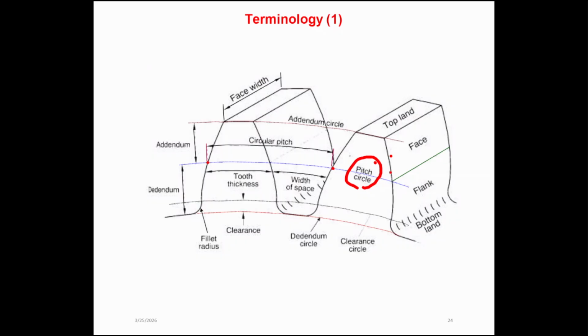Then the distance between the pitch circle and the bottom land, the bottom land being the root here, is called the dedendum, right? So as I told earlier, since most of the time we consider the pitch circle as the average circle, the addendum and dedendum are equal, right?